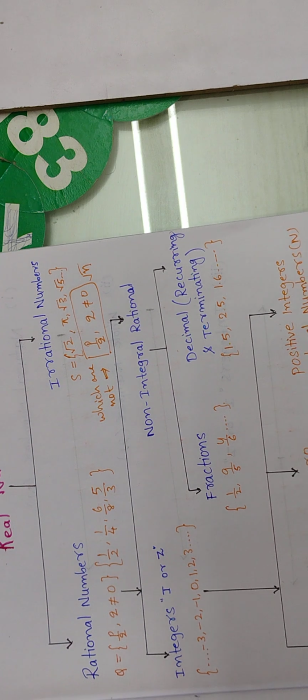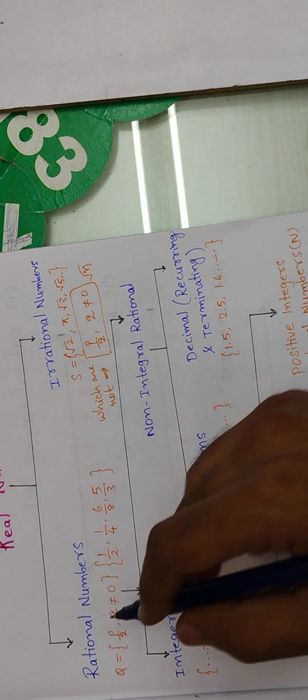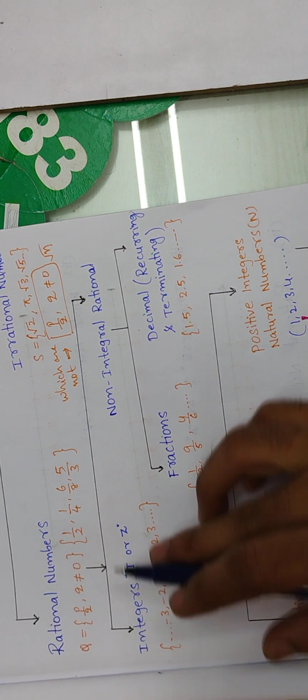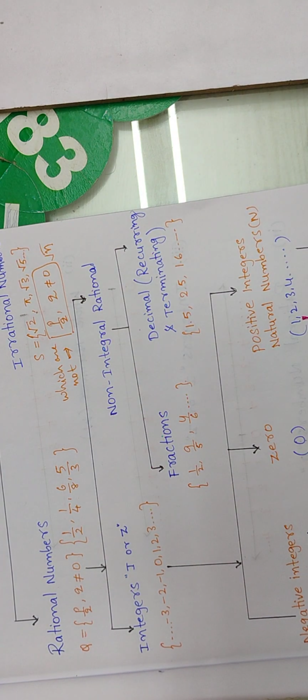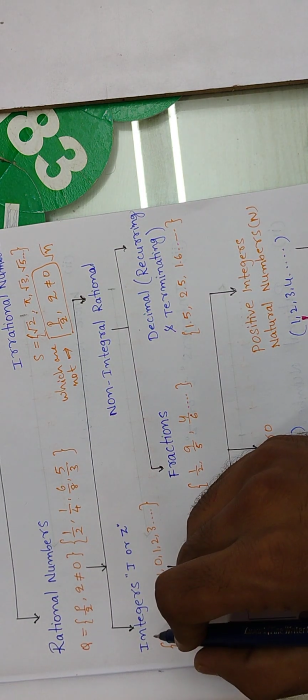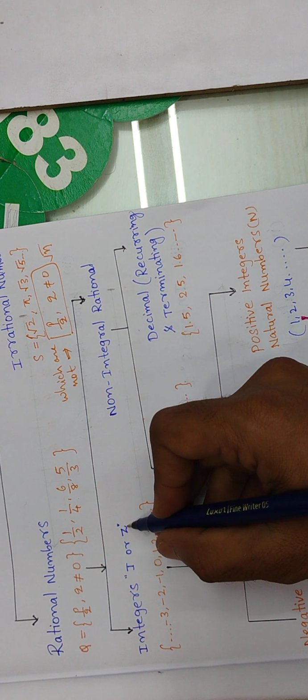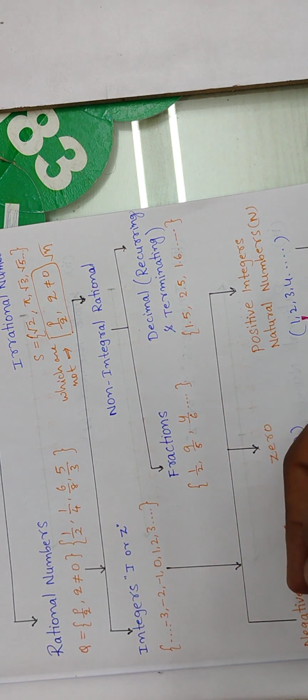Then again, the rational numbers we classify into integers and non-integral numbers. We already know what integers are. Integers are denoted with the letter I or Z: all the positive numbers, all the negative numbers along with 0.